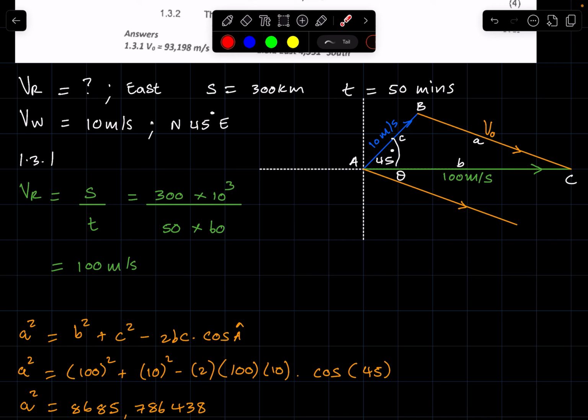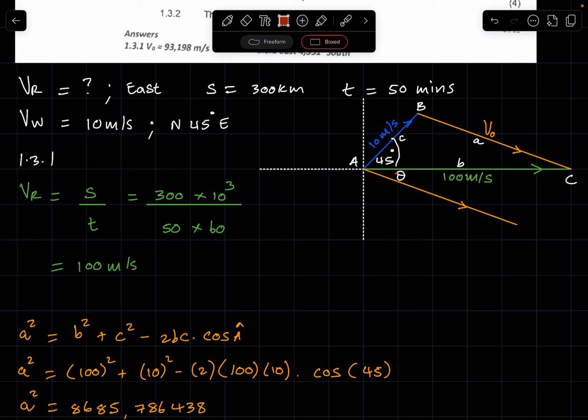Angle C is equal to this one, and this angle is referenced from the x-axis. So essentially, angle C will give us the angle of VO referenced from the x-axis. And if it's referenced from the x-axis, the x-axis is east, so whatever angle we get, it is south of east. This is the direction we are going to use, because the angle we are going to calculate, angle C, is referenced from the x-axis.